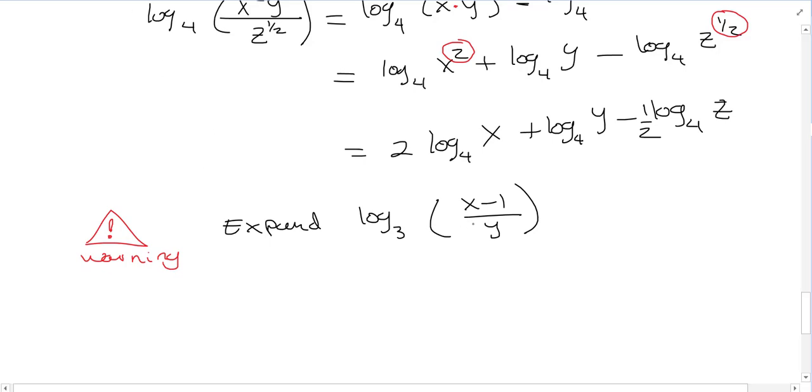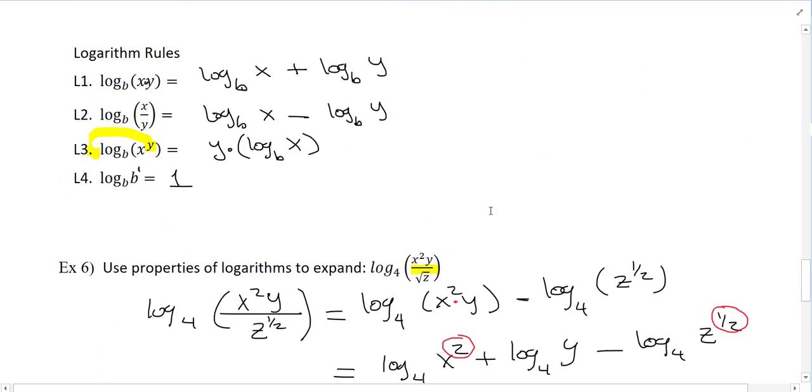I have the division, so this is going to become log base 3 of x minus 1, and then minus log base 3 of y. Now, with this x minus 1, be careful not to say, oh, log base 3 of x minus log base 3 of 1, because that is not a property.